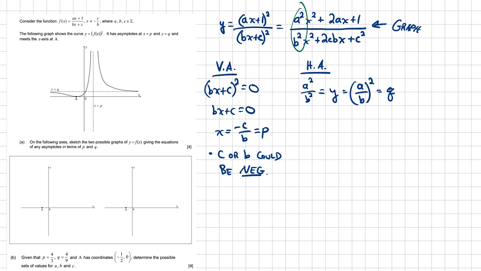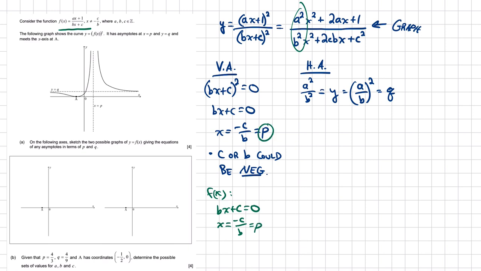Okay, so I'm just going to leave that to the side for now. And then I'm going to think about the vertical and horizontal asymptote of f of x. So not just looking at f of x squared. And again, f of x is up here. My vertical asymptote is going to be when bx + c is set equal to 0. And I get the same x is equal to negative c over b, and that's going to be set equal to p.